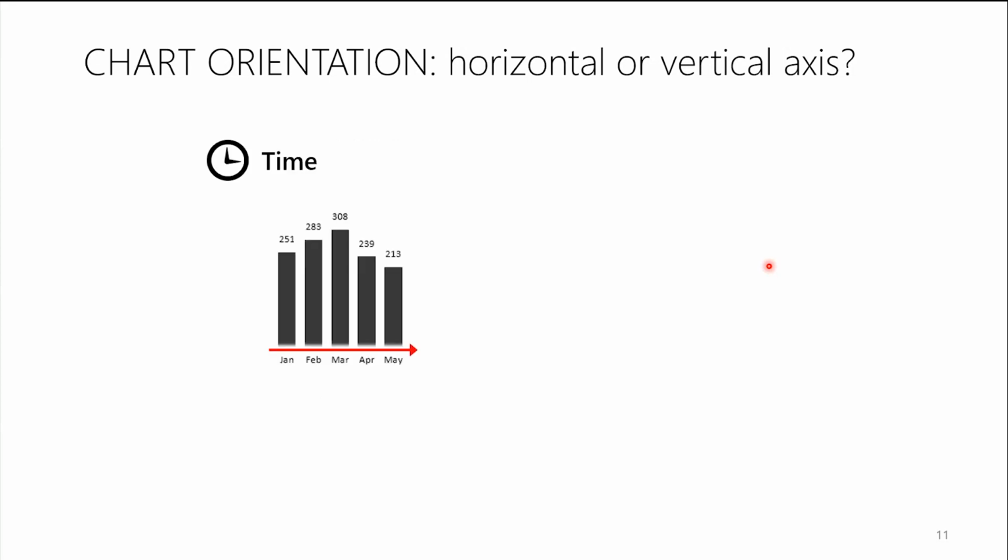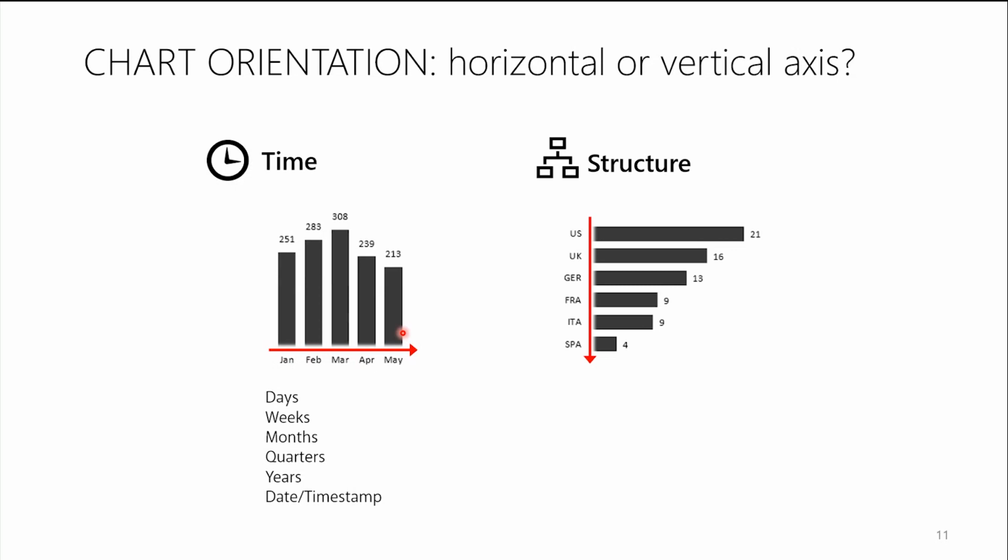So, a very simple rule for time: the axis should run from left to right. Use charts with horizontal axis for time trends, like if you have days, weeks, months, quarters, annual time series, and so on. For everything else, use charts with the vertical axis, right?